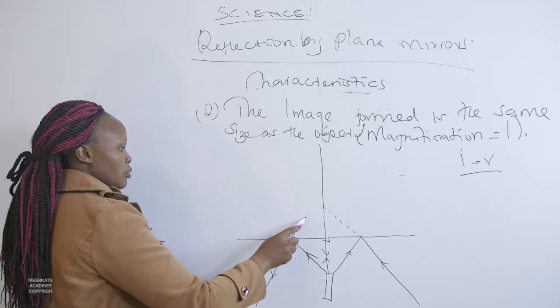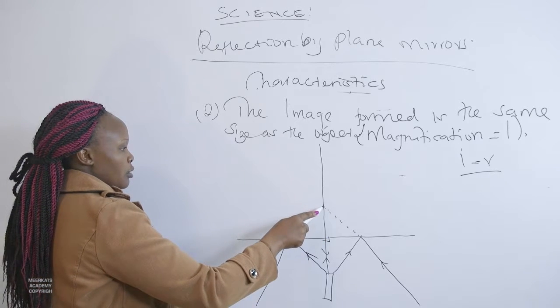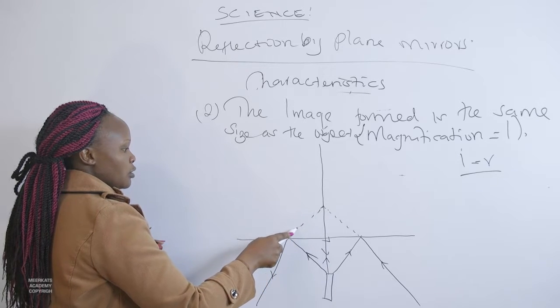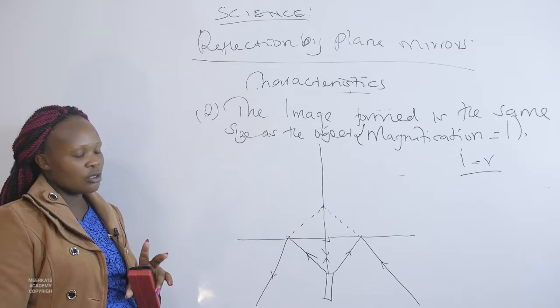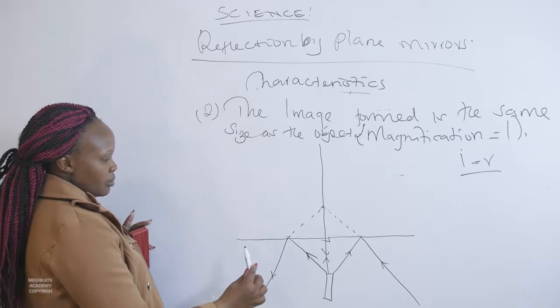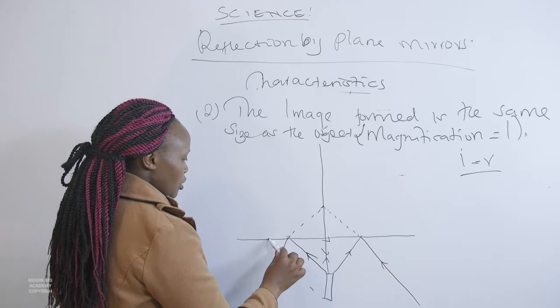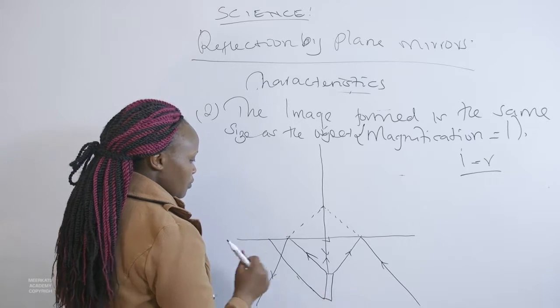So we expect that our object is going to have its top at some point there. Then we can have some ray from the bottom to the interface.